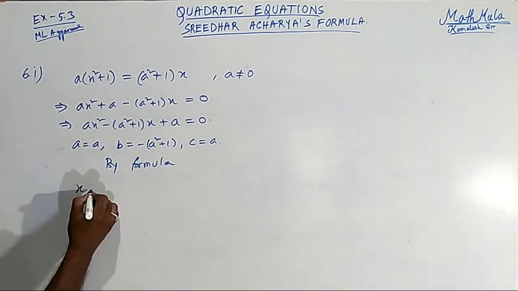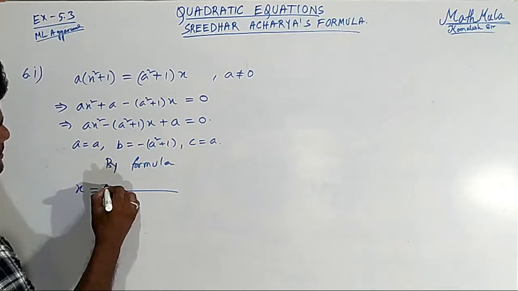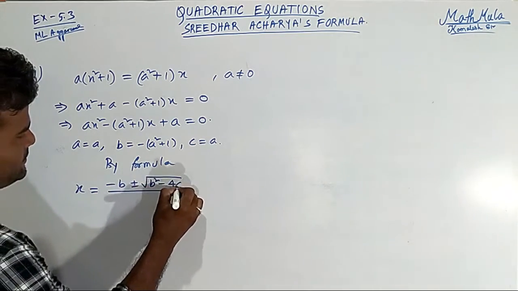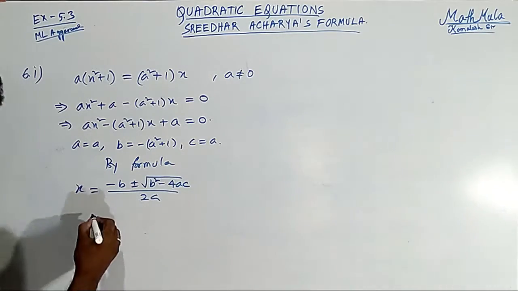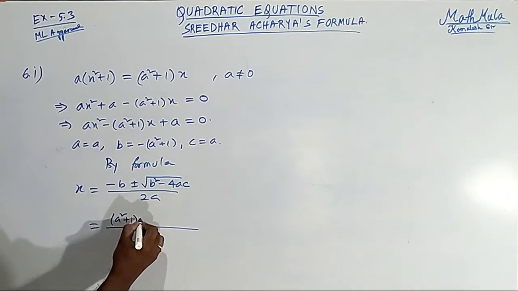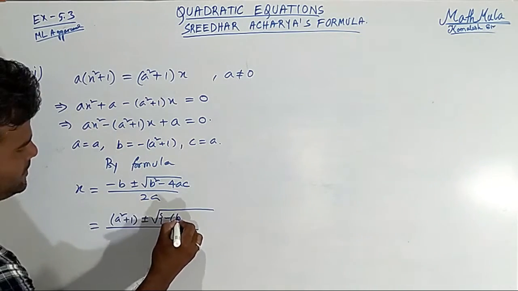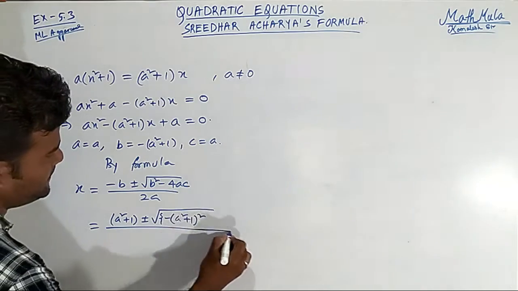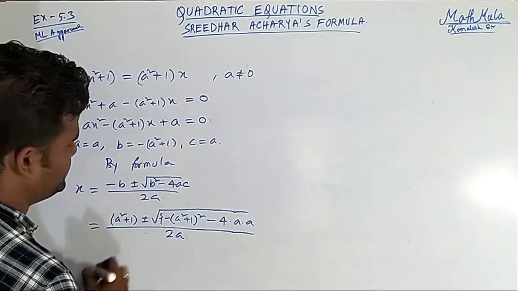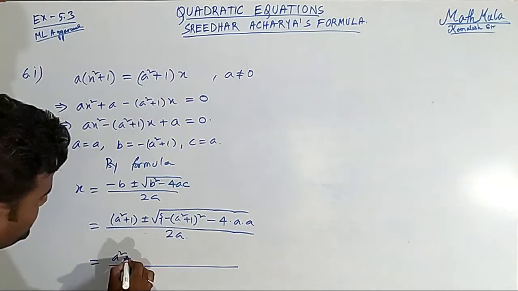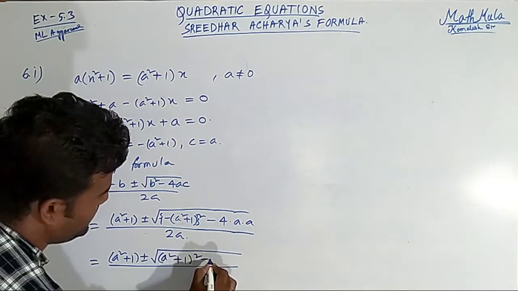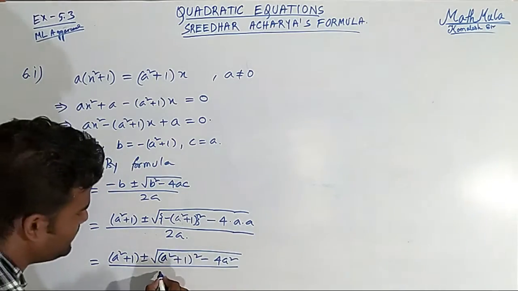So by formula, the solution x is equal to minus b plus minus root over b square minus 4ac by 2a. Now putting this value, minus b, that is minus minus (a square plus 1), plus minus root of (a square plus 1) whole square minus 4 into a into a by 2a. Now this is equal to a square plus 1 plus minus root of (a square plus 1) whole square minus 4a square by 2a.